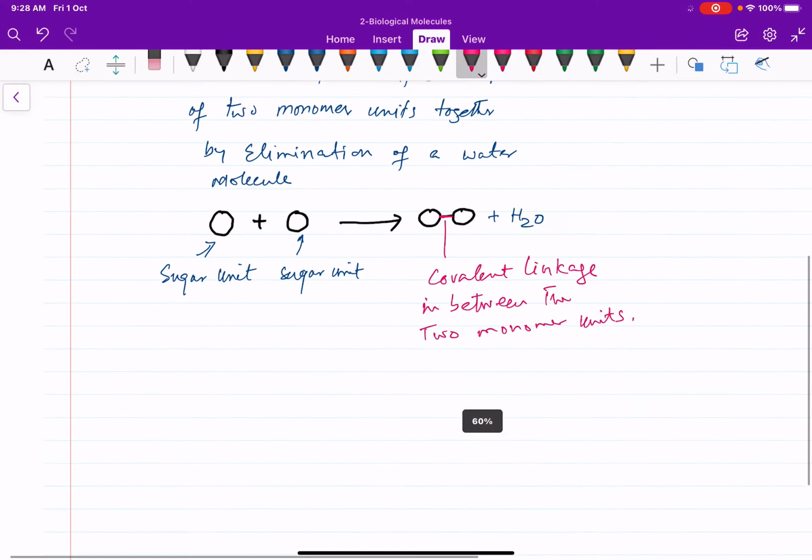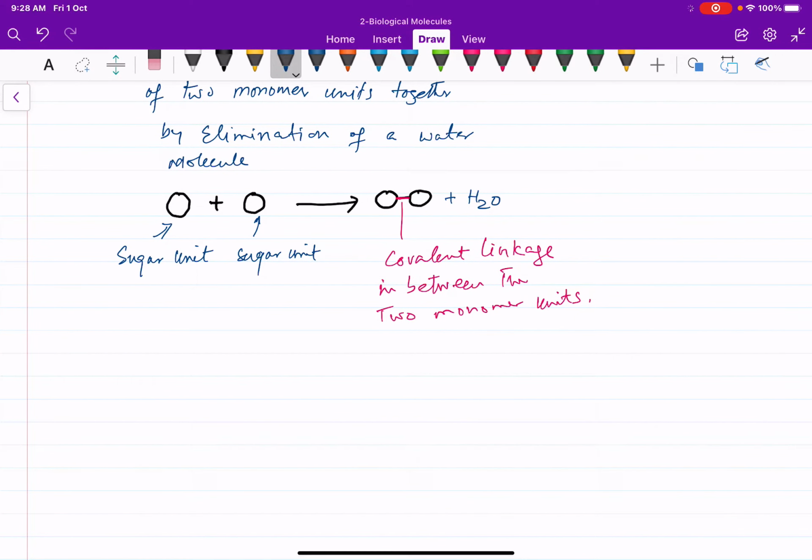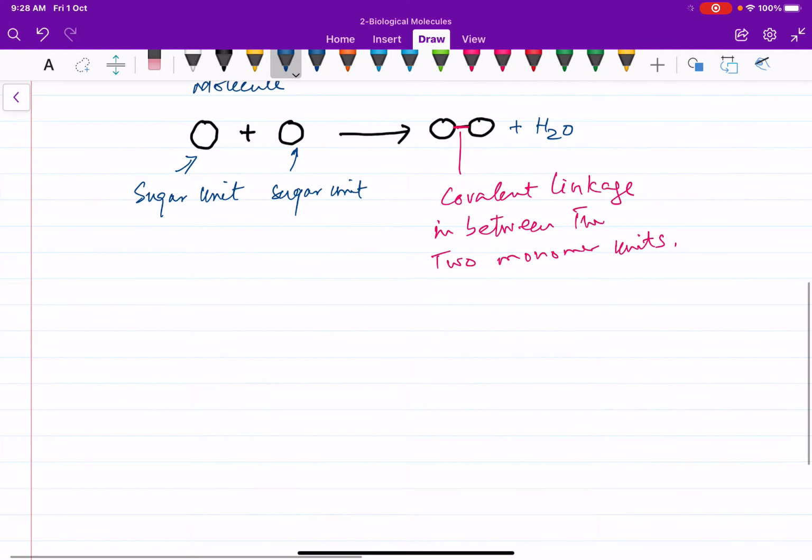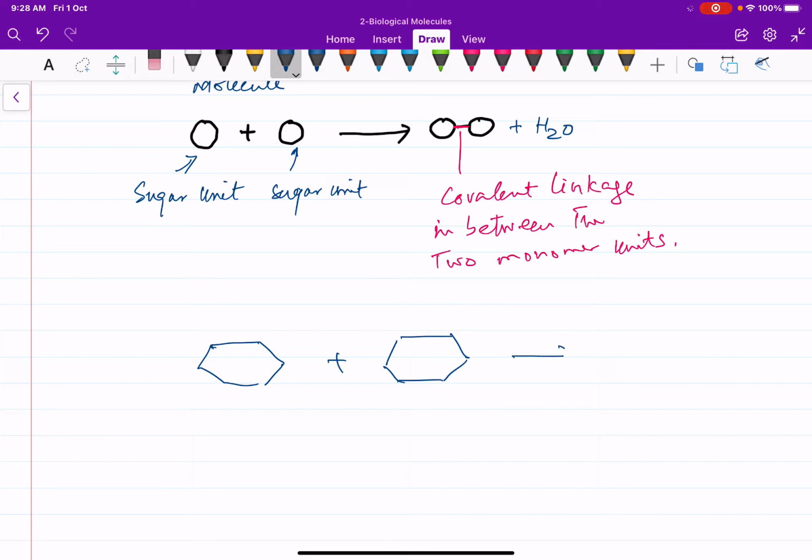For example, if this is one sugar unit and this is another sugar unit, they may be joined together.